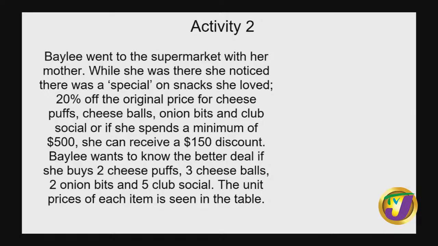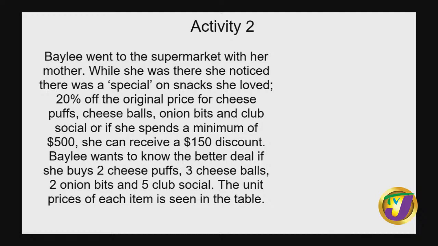Or if she spends a minimum of $500, she can receive a $150 discount. Bailey wants to know the better deal if she buys 2 cheese puffs, 3 cheese balls, 2 onion bits, and 5 Club Social. The unit prices of each item are seen in the table.